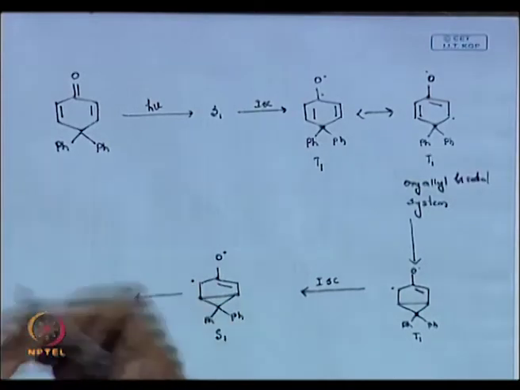Now, I think those of you who have studied the physical, quantum chemistry aspects of photochemistry have seen examples of spin-orbit coupling, right, LS coupling. You have studied a lot. What is that? It is where the spin and orbital of your system come together, they couple, right.